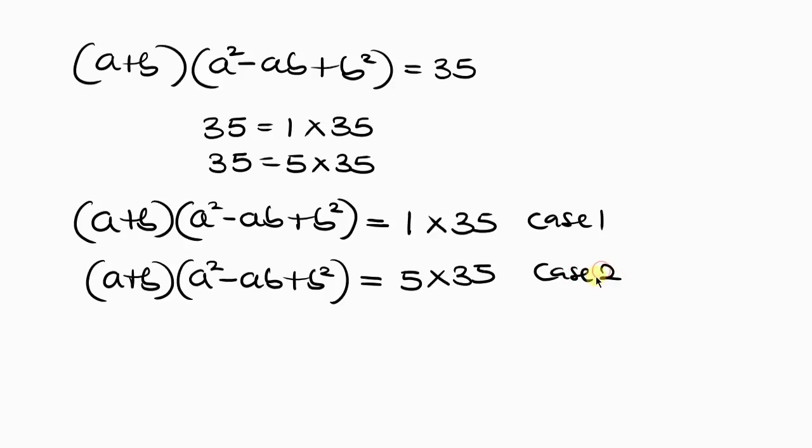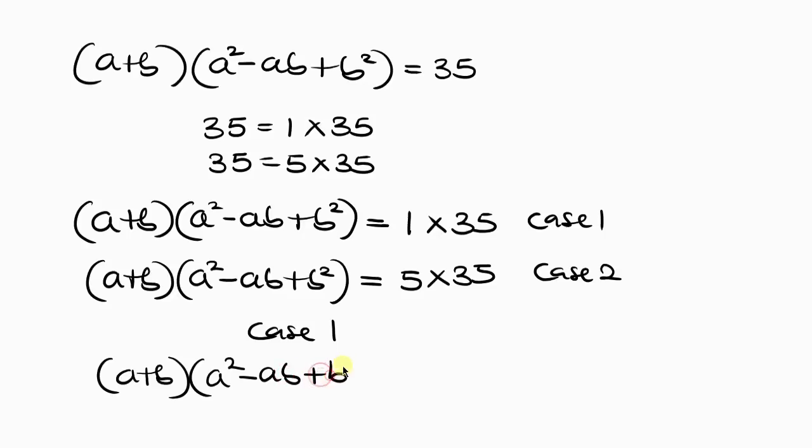Very good. And now let's focus on case 1. Our case 1 is where we have a plus b times a squared minus ab plus b squared to be equal to 1 times 35. Very good.